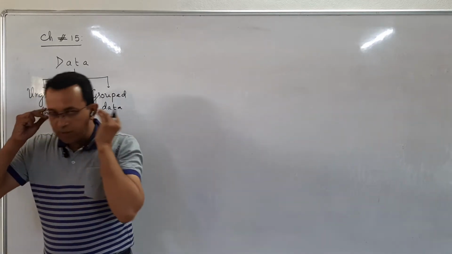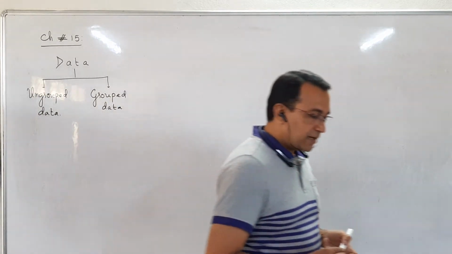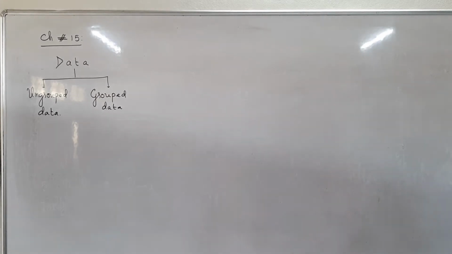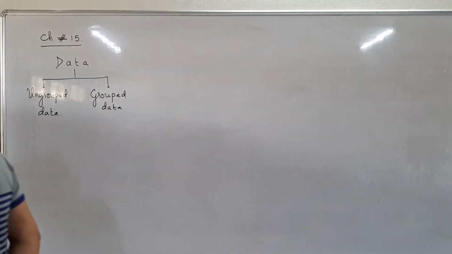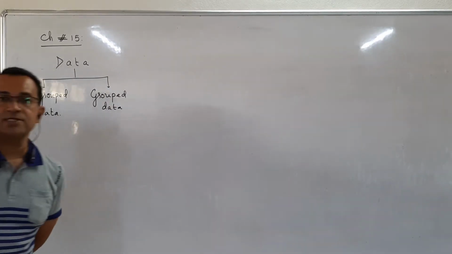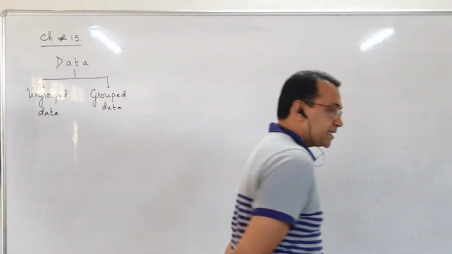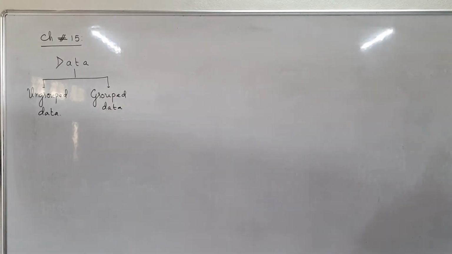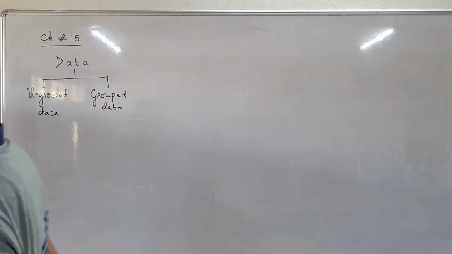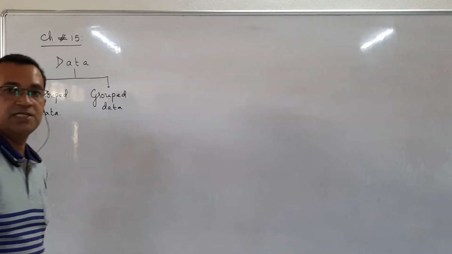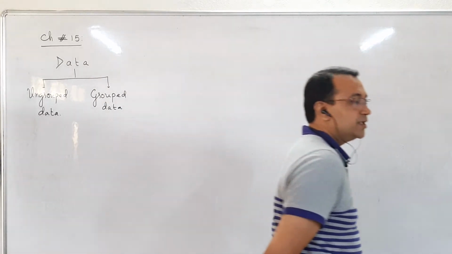I have already explained data which is in a raw, unorganized form. Such data is called ungrouped data. In short, data without frequency is called ungrouped data. And data which is systematically arranged in the form of groups or classes, classified and written along with frequencies, is called group data.